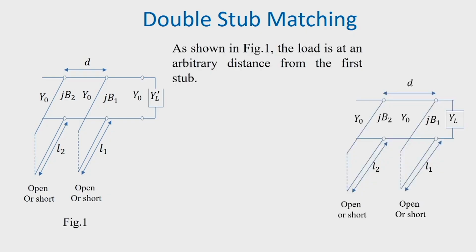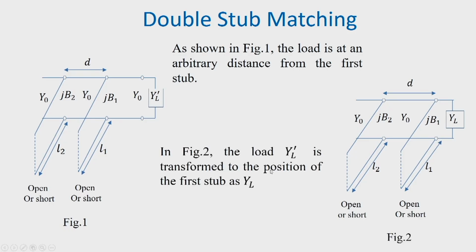First of all, this YL dash is transformed by this length of the transmission line, and now YL is the load that is seen at the location of the first stub. So, load YL dash is transformed to the position of the first stub as YL.